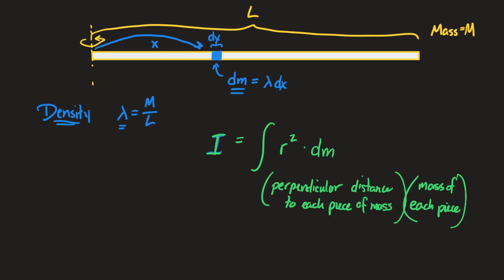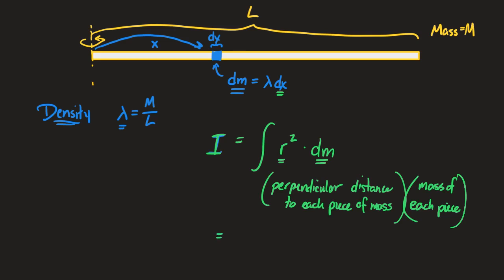So the reason why I needed to write dm in terms of the geometry is because I have to point to the masses. I have to have something I can use to describe where it is. But I also need to have a variable of integration that's in terms of the shape, or else I can't integrate. So that's what all of these steps are about, transforming dm into something that was about the perpendicular distance, which is what I've done.